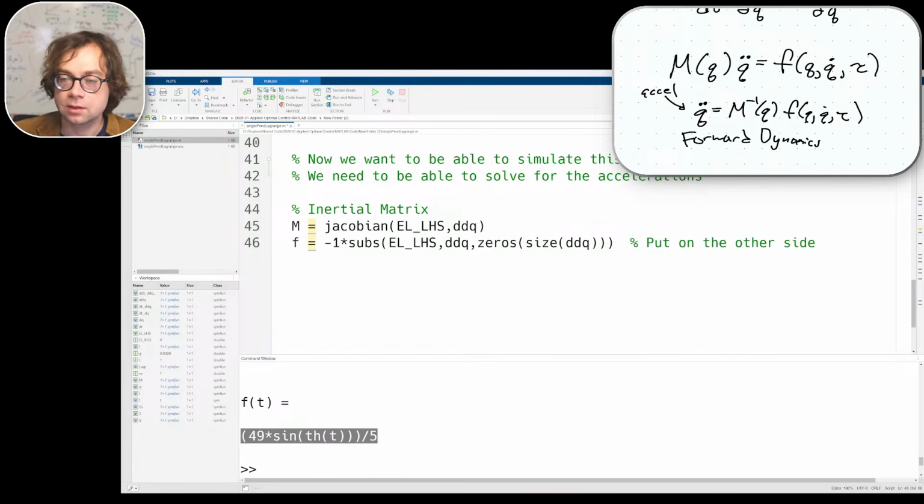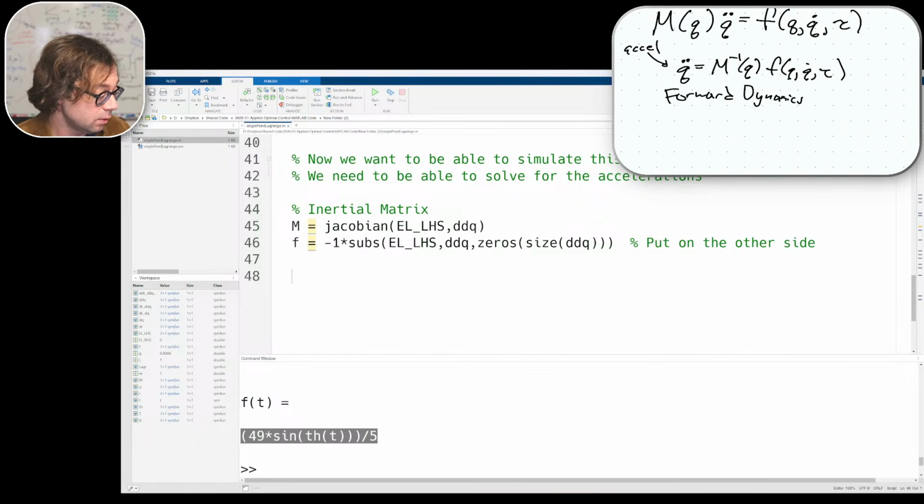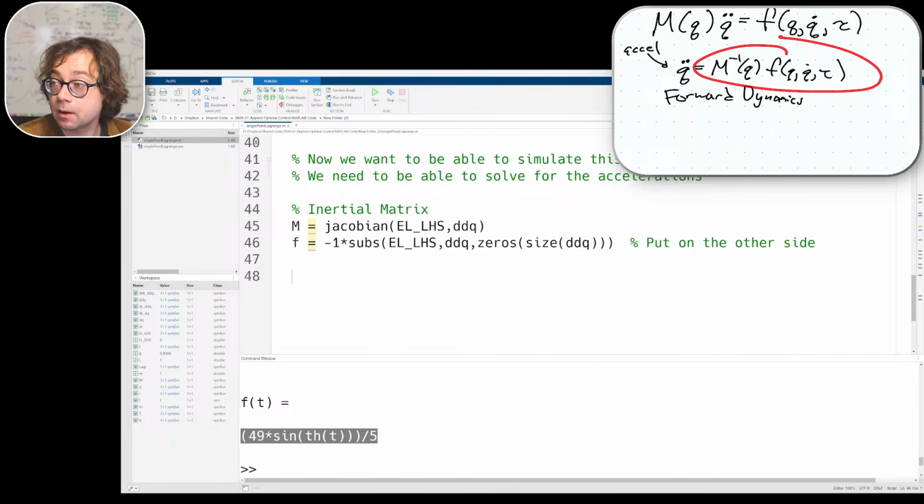Interesting. So that means that we now have an M matrix and an F matrix. So if you want to solve for ddq, for any particular theta and d theta, we have the M matrix, we have the F matrix. We could solve it with this trick. Okay?